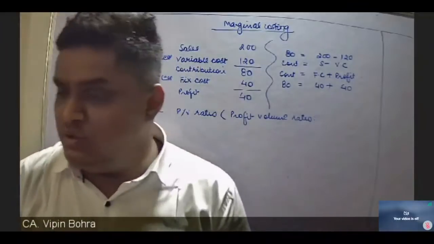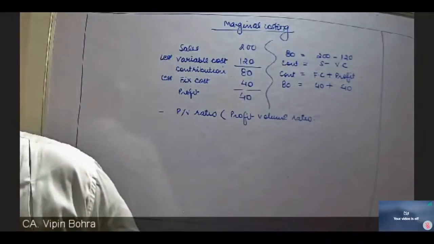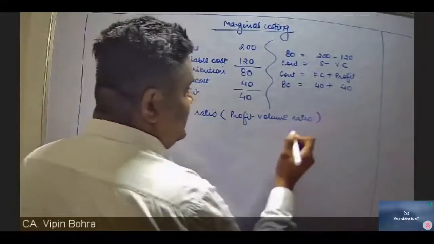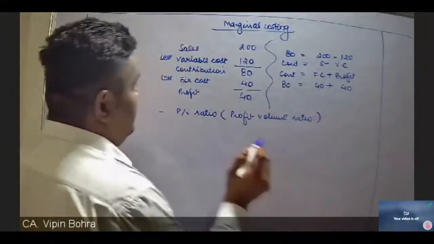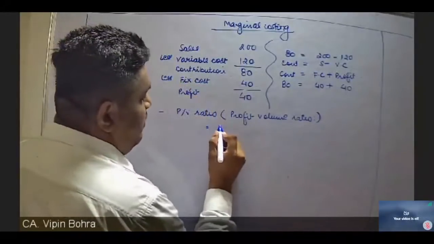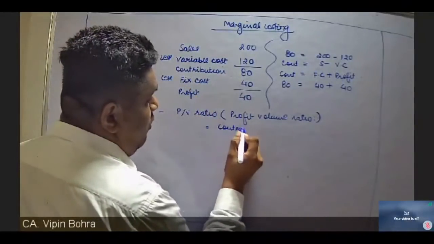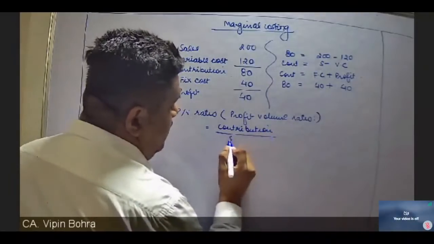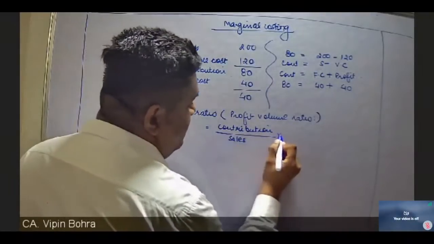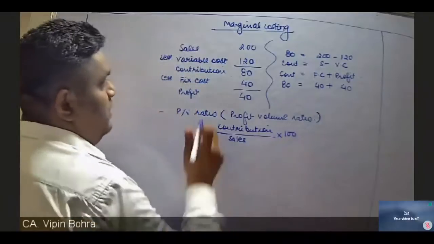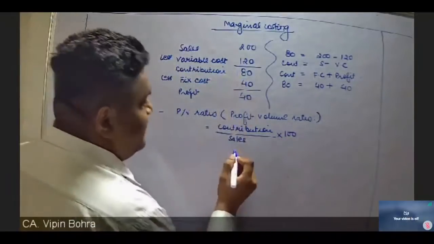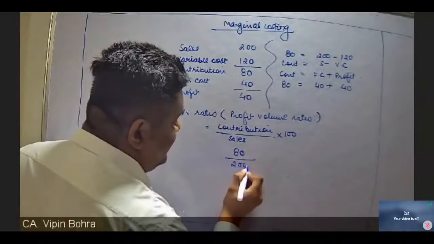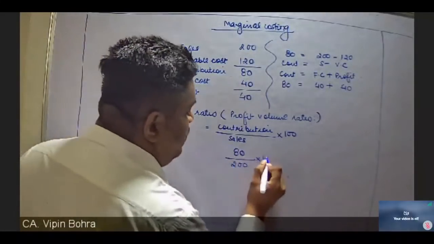The first question the examiner asks is PV ratio, that is profit volume ratio. It is given as contribution divided by sales into 100. So in the given question, suppose my contribution is say 80, my sales is say 200, into 100.